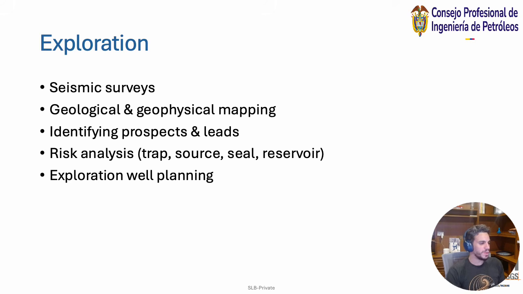So in the beginning, we have exploration. At this point, we know nothing, and we're trying to find the best part of the ground where we can drill and produce oil. What people usually do is start sending out seismic surveys. Basically, you take a tool where you shoot out different waves, and you measure the return of those waves.